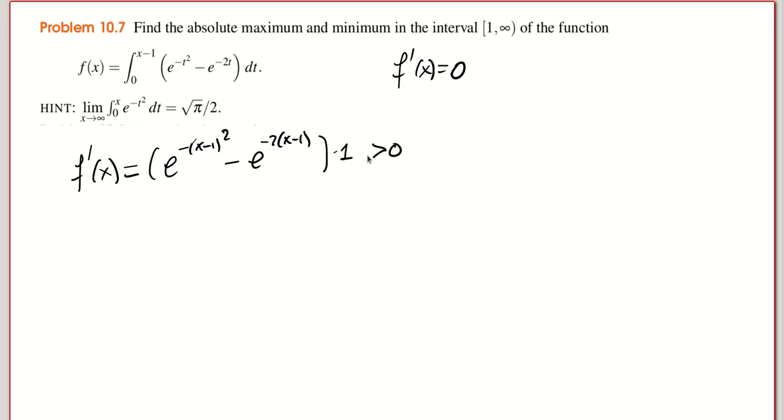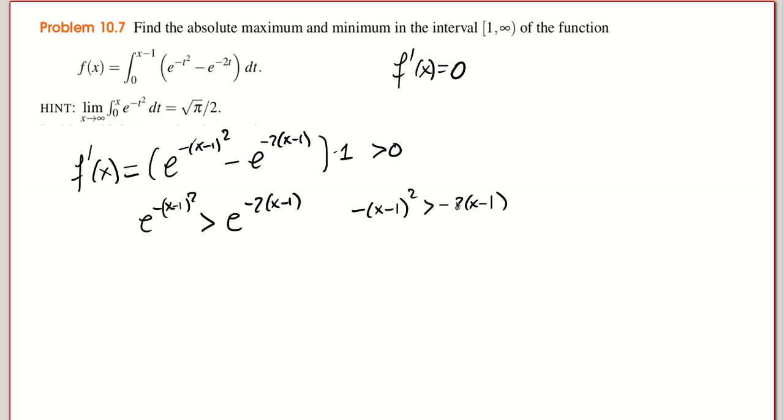So this is going to be positive if e^(-(x-1)^2) is larger than e^(-2(x-1)), right? Okay, the exponentials are increasing functions, so if we want to see if this one is larger than this one, all we have to see is whether this exponent is larger than this exponent here. So we want to see when this is larger than this here. Multiply by minus 1, or actually we don't have to.